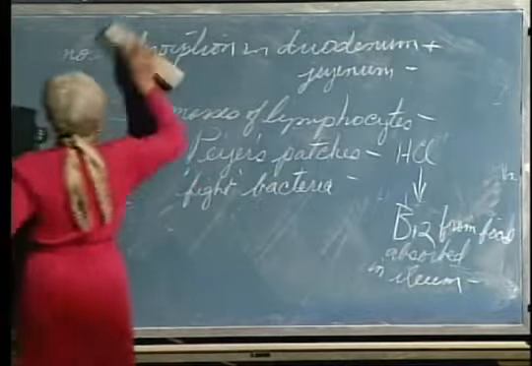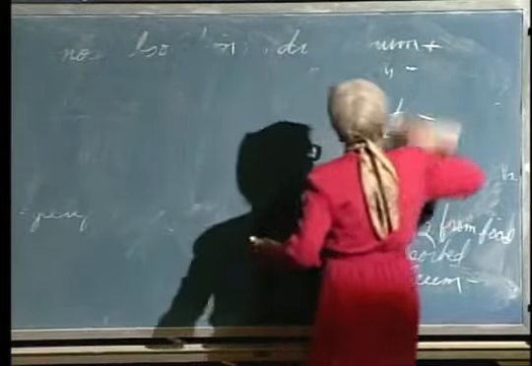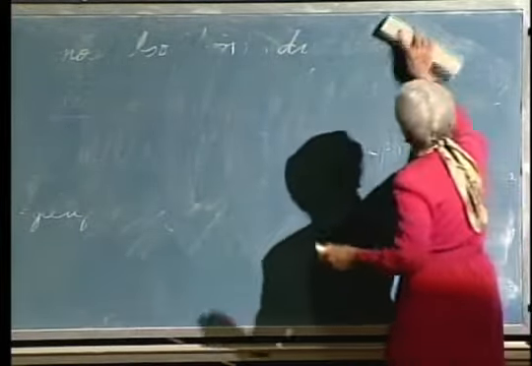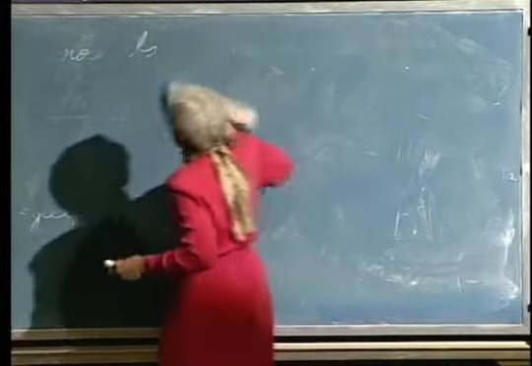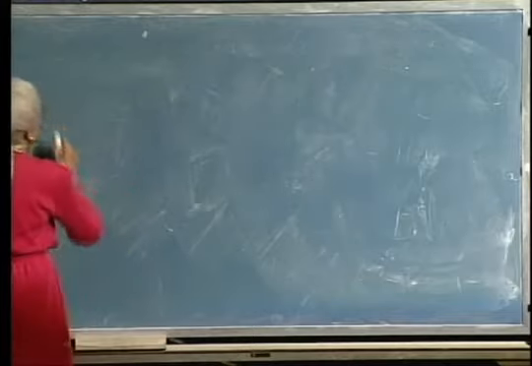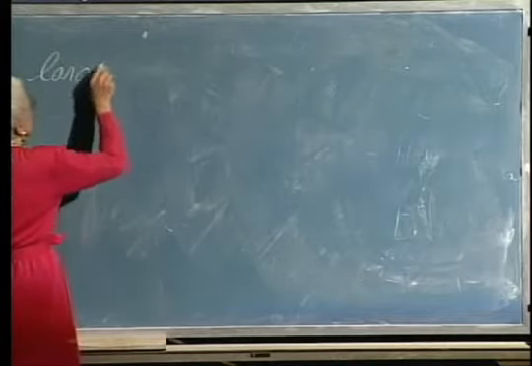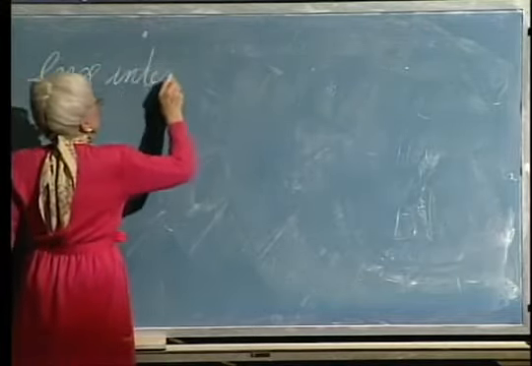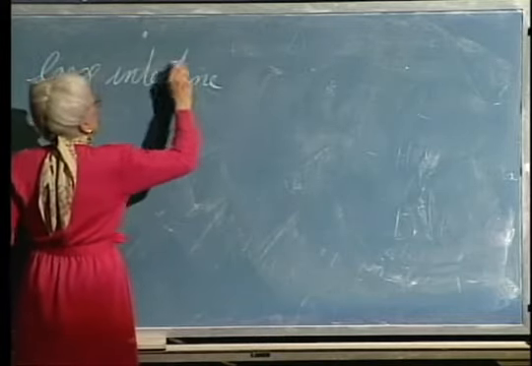Now let's move on to the large intestine. Why is it called large intestine? You've just seen we don't have room for another intestine as long as our small intestine.